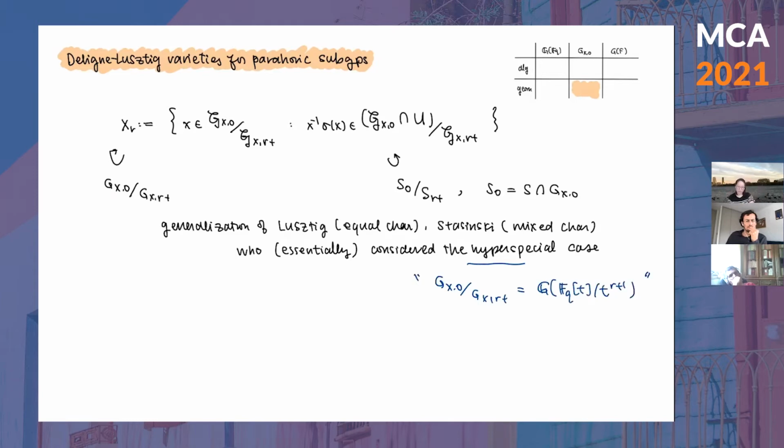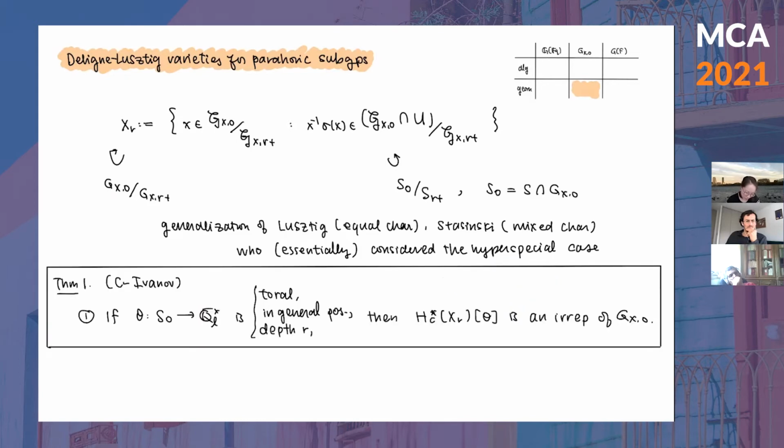But if we're going to use this kind of construction to get at representations of p-adic groups, we really genuinely want to understand what these XRs are, not only for groups that look like this, but groups that don't come from a reductive group evaluated at a finite ring. So a larger class of parahoric subgroups. And so this is what Ivanov and I did.